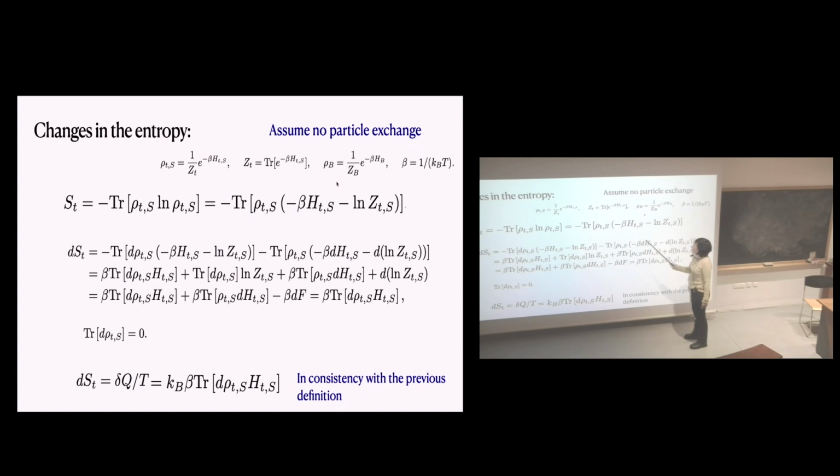Let's focus on a situation where there is no exchange of particles, and we can characterize our system simply with this state without including any chemical potential. So just to make life simple.